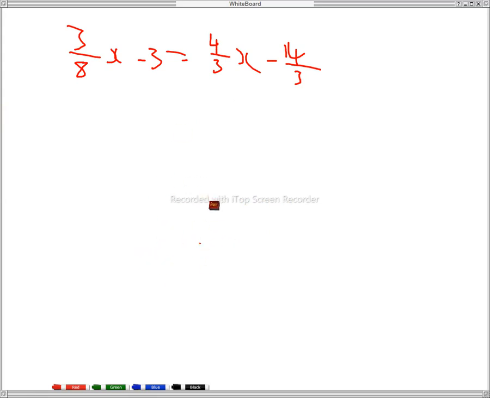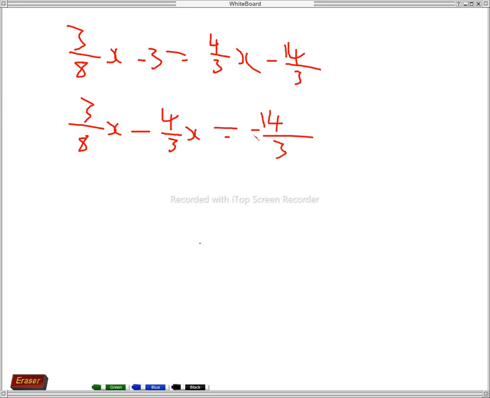This is eating our time now. So, well, let me say 3 over 8 x minus 4 over 3x, and I have negative 14 over 3 plus 3. Let me punch this into the calculator.